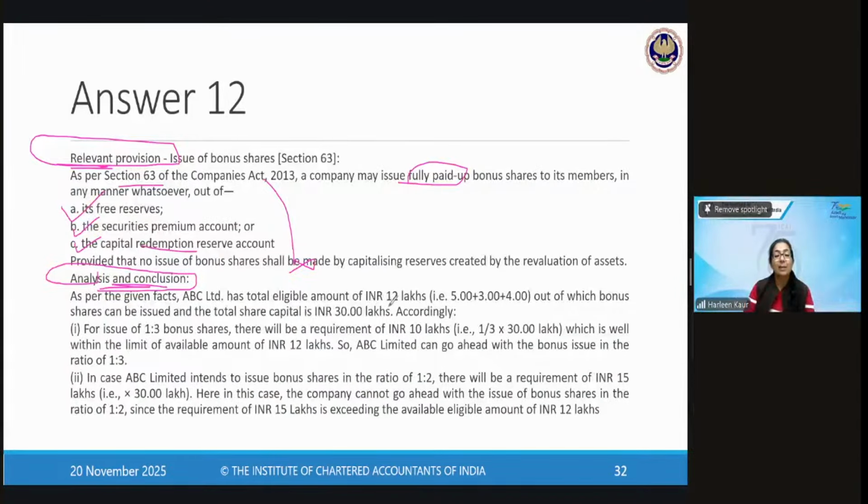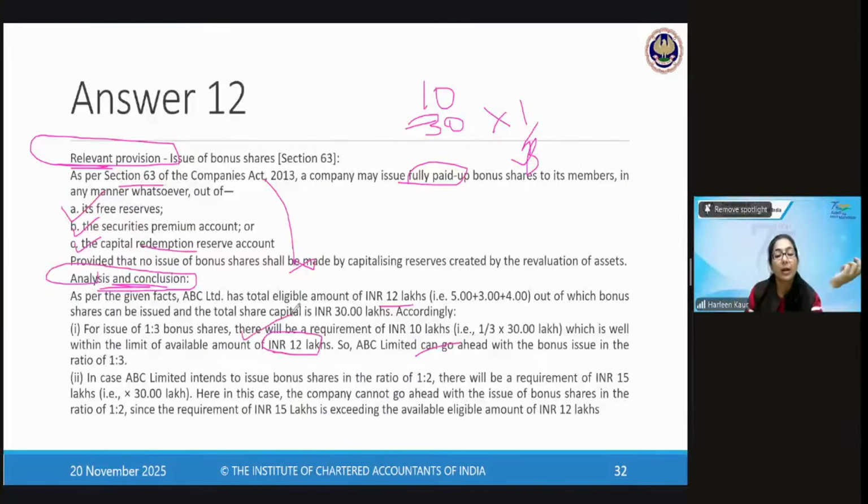ABC has eligible capital of a total eligible amount of 12 lakhs. We have just understood 5 plus 3 plus 4, out of which bonus shares can be issued, and the total share capital is 30 lakhs. So if we issue 1:3, there will be a requirement of 10 lakhs more, because 1:3 of 30 lakh capital is 10 lakhs, which is within the limit of the amount of 12 lakhs.